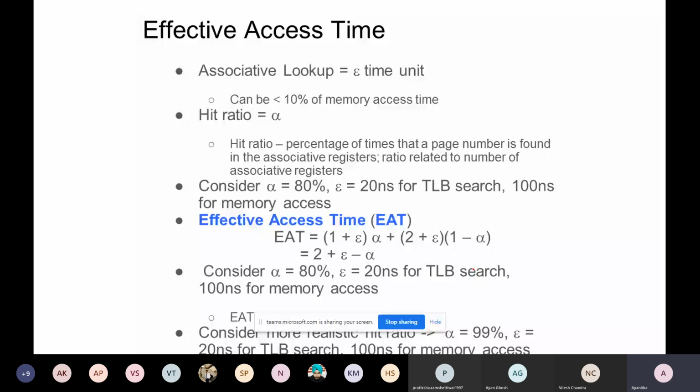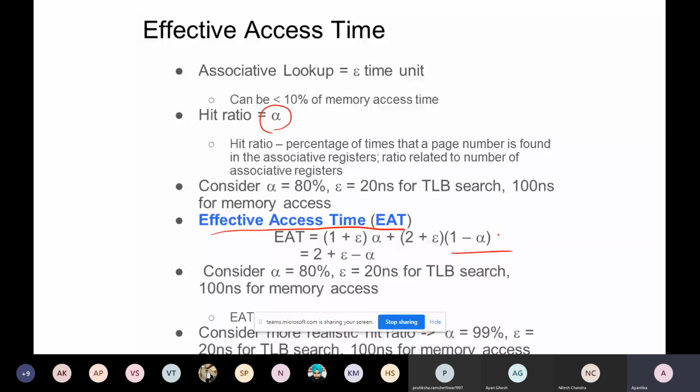So that way, whenever we are considering this effective access time, what we have to consider? We have to consider some amount of hit ratio, alpha. This is the hit ratio. That means percentage of time that a page number is found in your TLB buffer. And 1 minus this alpha, of course, if this is the hit ratio, you can understand this is the miss ratio.